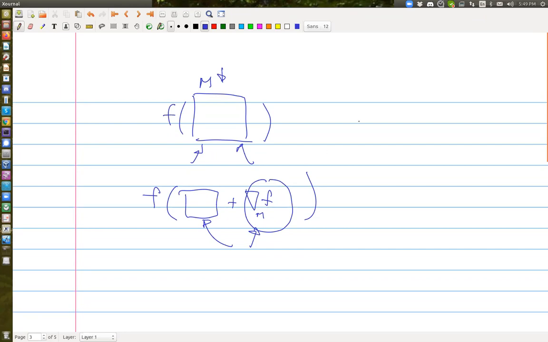But you can always just decompose into elements. Let's say I have f with a matrix M that is 2 by 2.